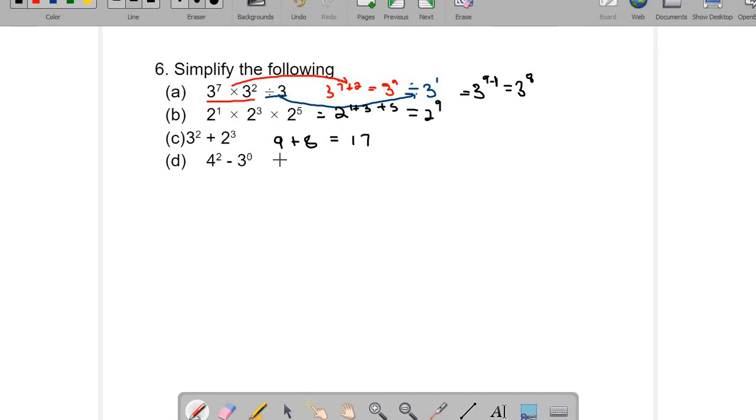So you could simplify this as 4 squared. That means you're going to multiply 4 times itself 2 times. So that's going to give you 16. Minus, okay, so 3 to the power of 0 is always equal to 1. Any number raised to the power of 0 is going to give you 1. So I'm going to put 1 here and we can just work out the rest to get 15.